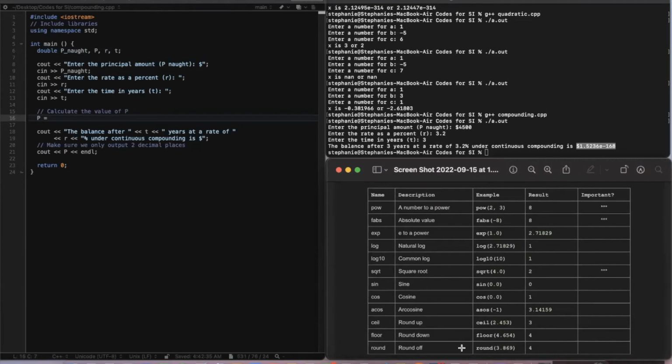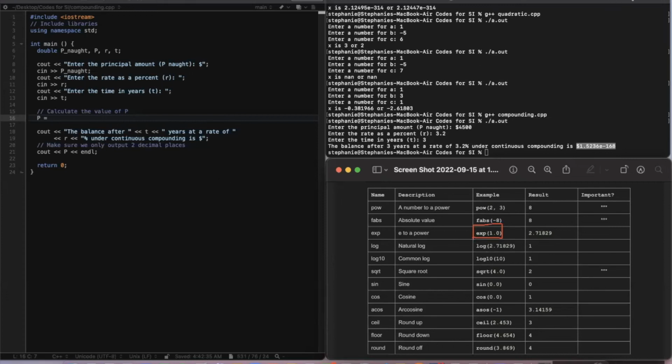Here are a few of the many things available in CMath. I have a chart if you ever want more math functions, with what they do and examples. The one we're looking at right now is e to any power, which will be useful in this equation.